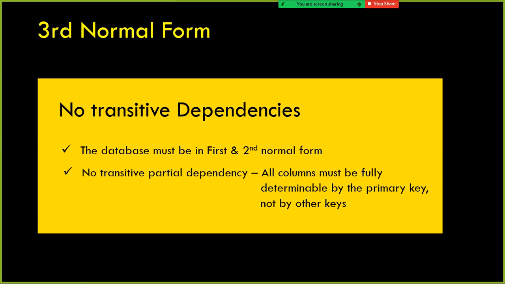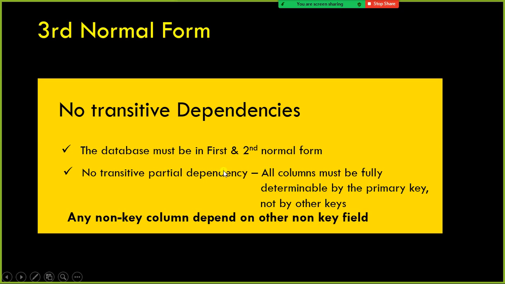Next one is third normal form. In the case of third normal form, if a database has to be said to be in third normal form, it should fulfill these rules. The first rule is it should comply with both the first normal form and second normal form.